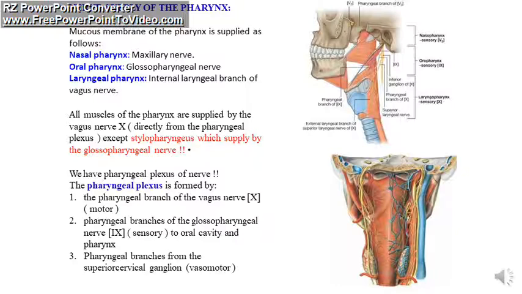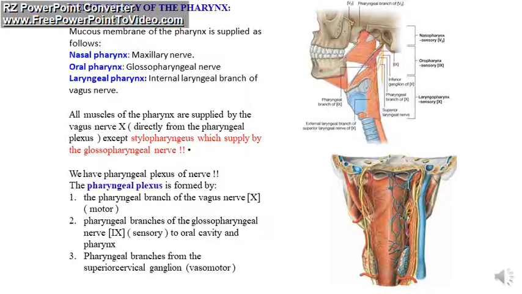While the muscles are supplied by the vagus nerve directly from the pharyngeal plexus, except, pay attention here, except the stylopharyngeus, which is supplied by the ninth cranial nerve, the glossopharyngeal.